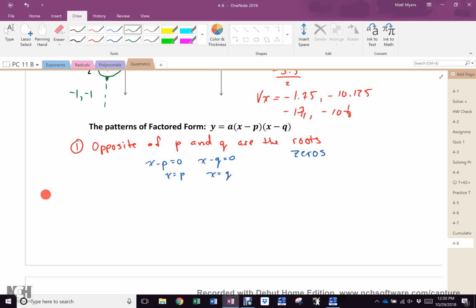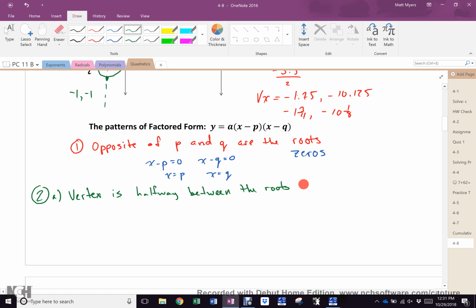There's 2 things there. 2a. The vertex is where? Where's the vertex? 2 ways to find it. We just did them both. Somebody tell me one of them, please. Right. Vertex is halfway between the roots.